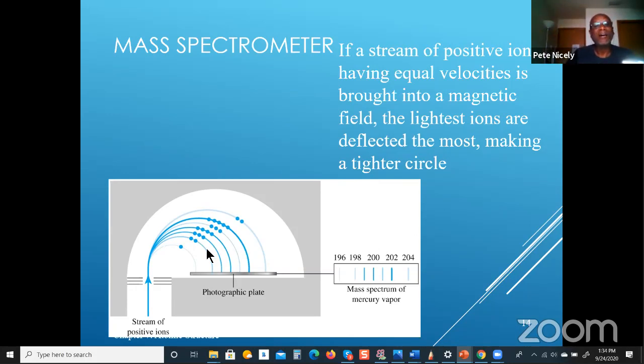The heavier particles take a pathway with a larger radius, while the lighter particles take a pathway with a smaller radius. That's the basis for the separation of these ions. Then they hit the photographic plates, and that produces the mass spectrum for the mercury vapor. As you can see here, the most abundant ion is the one that hits here, which has a mass of 202 AMU.